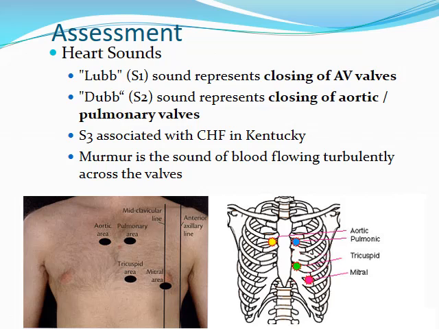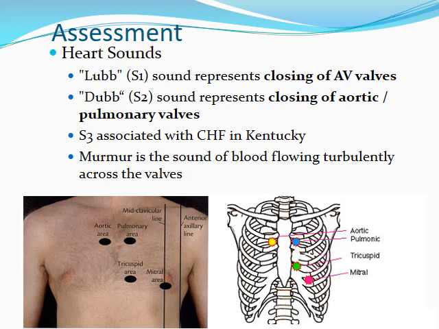Once you do your lung sounds, then you do your heart tones. You're going to start off with that PMI, the fifth intercostal space, mid-clavicular line on the left side. That's where the apex of your heart is located, and that's when you're going to get that nice big sound. Point of maximum impulse.